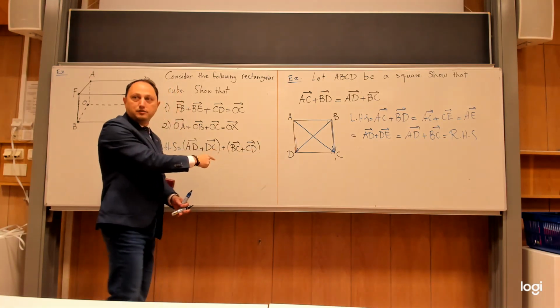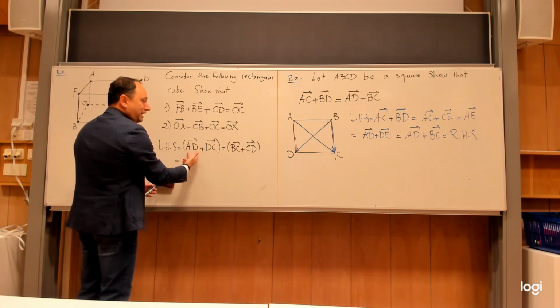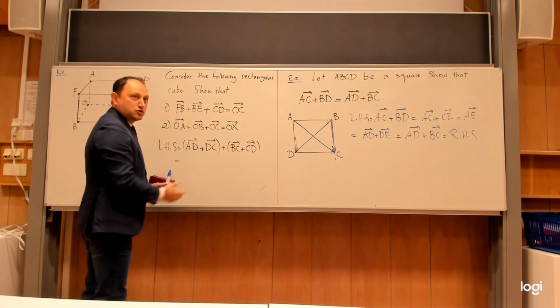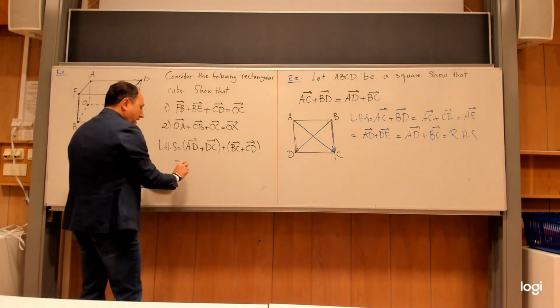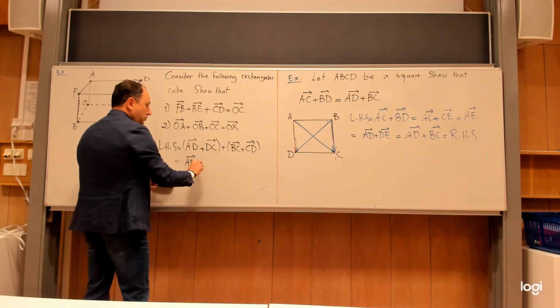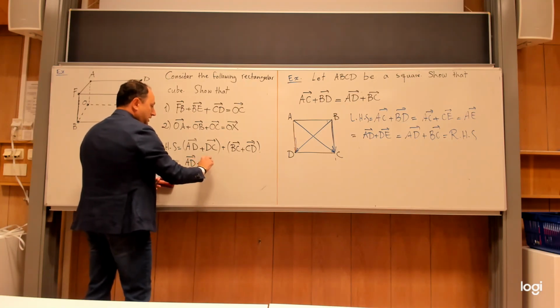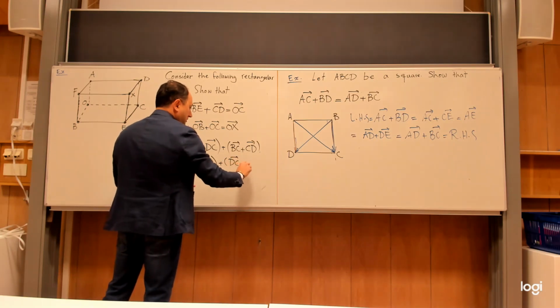Is that understandable? Okay, and then the good point is that I want to have AD and BC next to each other. Why? Because that's the right-hand side. So I will collect them in one go because I have commutativity and associativity. So this becomes AD plus BC collected together. And then there are two leftovers.